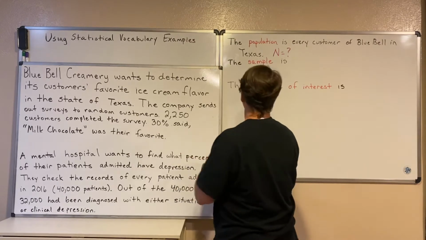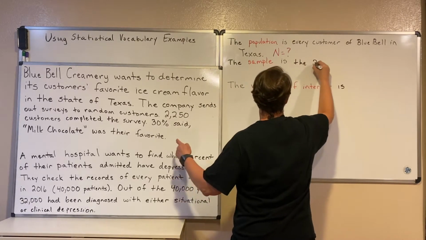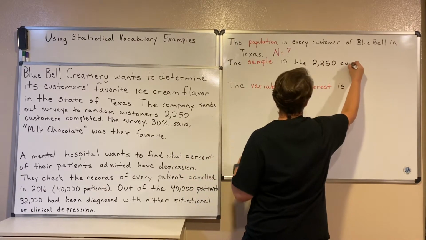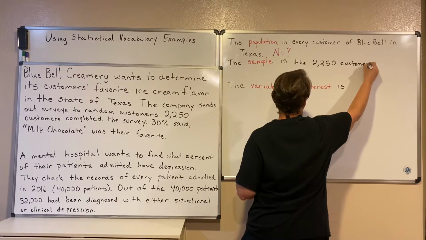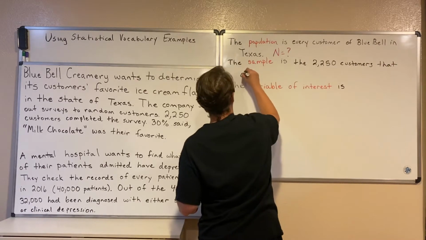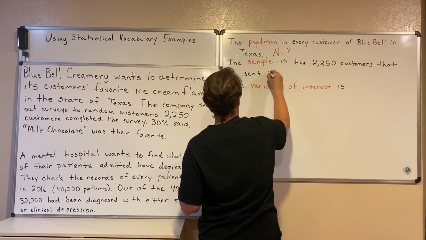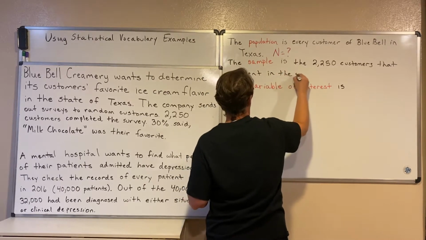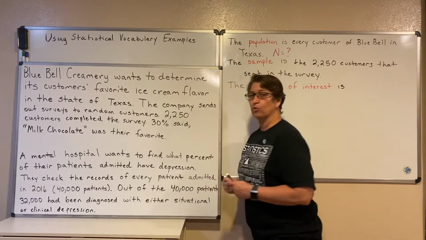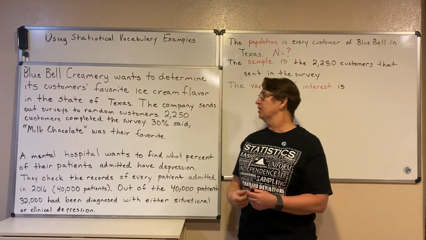And the sample here is the 2,250 customers that data was collected from, the ones who sent in the survey. So that is their sample, or the ones where they were able to actually collect the data from.